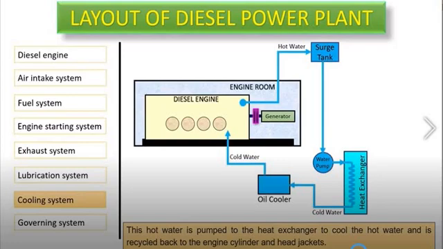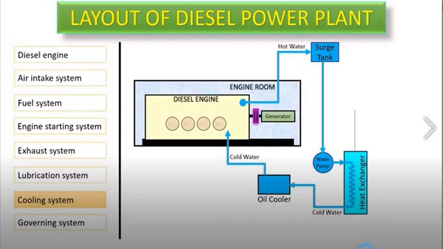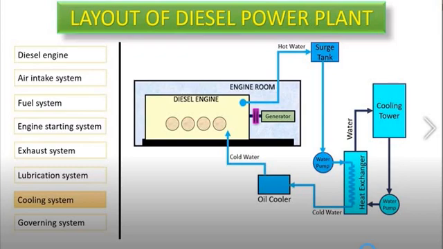Here the hot water is removed, cooled in the heat exchanger and supplied back to the engine. So thereby we have a cycle system here. The water is recirculated. This hot water is cooled by means of a cooling tower, an additional circuit. So this is how the cooling system works.